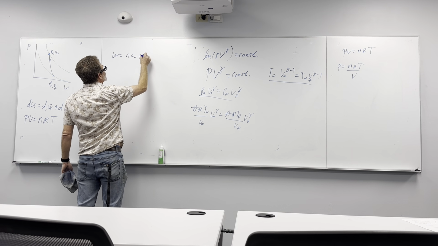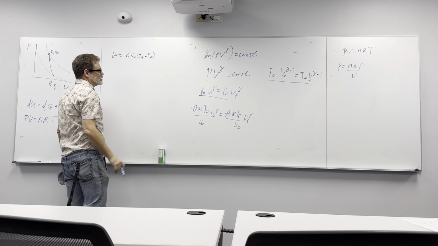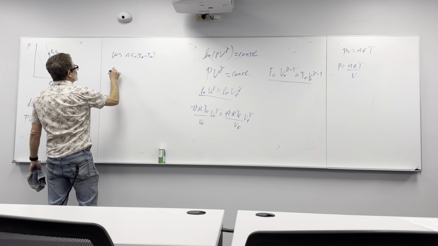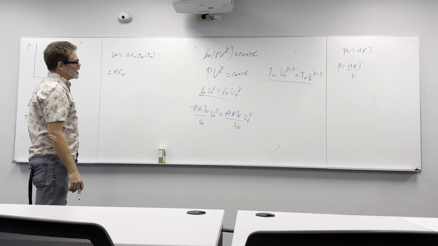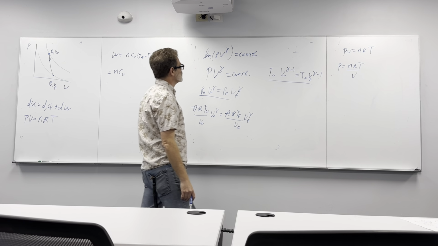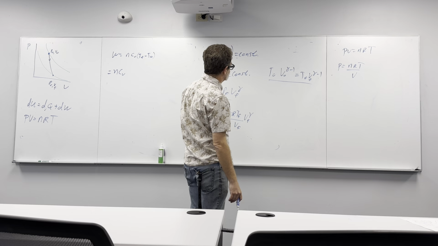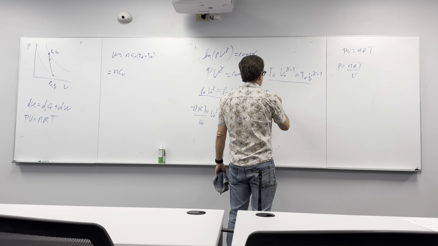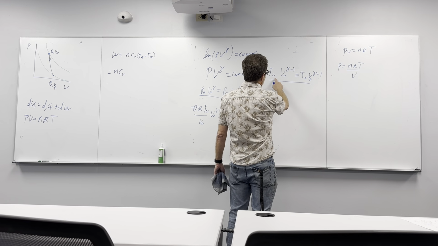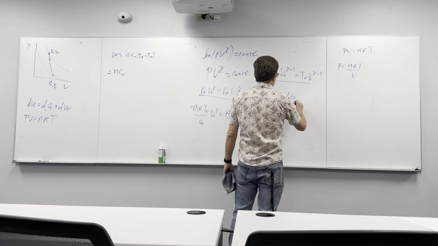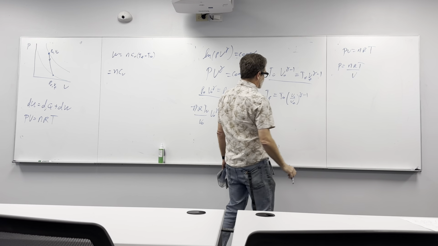T final minus T initial, right? So nCV, T final. We could write T final as equal to what? T initial times V naught over V final to the gamma minus 1, right?